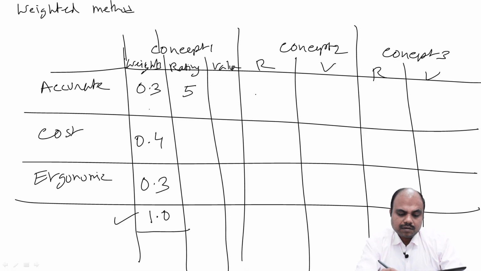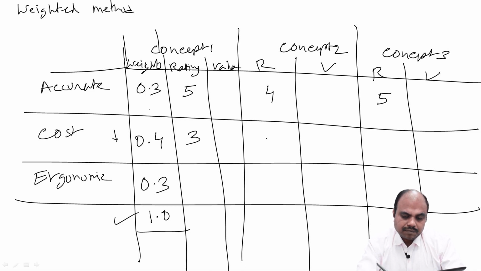Concept 2 is also accurate, but not as much. Concept 3 is also very accurate. In terms of cost, it should be less. Concept 1 is 3, concept 2 is also 3, and concept 3 is high, so it is 2, basically 4. For ergonomics, the rating is again 2, concept 2 is 3, and concept 3 is 5.